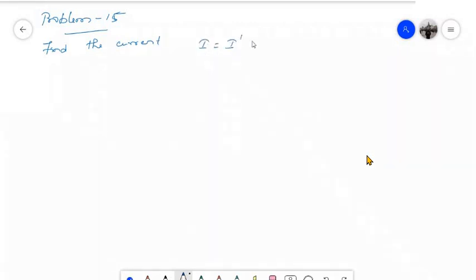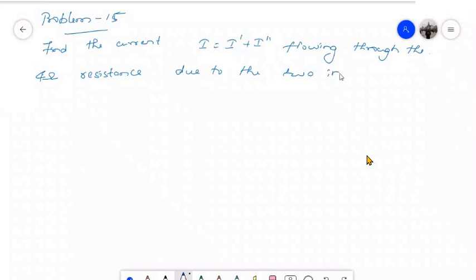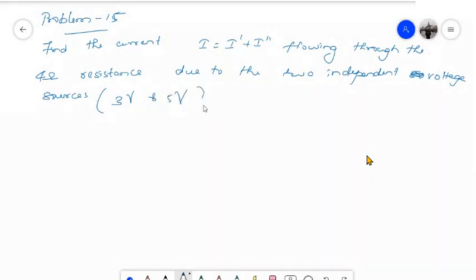Find the current I equal to I dash plus I double dash flowing through the 4 ohm resistance due to the 2 independent voltage sources, 3 volt and 5 volt.